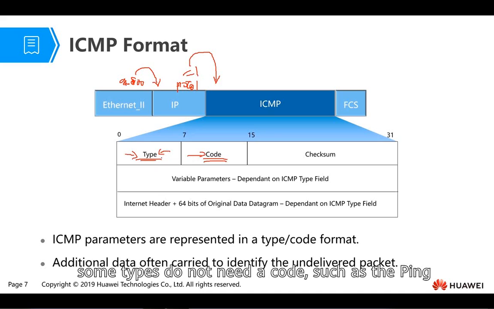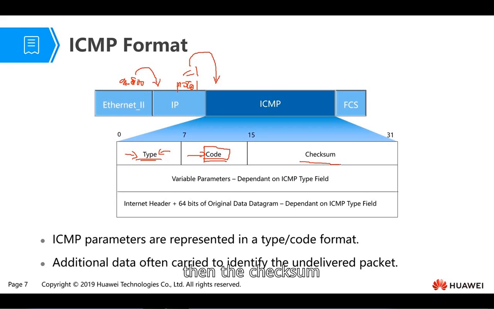Of course, some types do not need a code, such as ping, echo request and echo reply. But for some types, for example when a packet is dropped, you need to describe the reason, and the reason is described in the code. Then the checksum tells whether the packet was damaged when sent from source to destination.